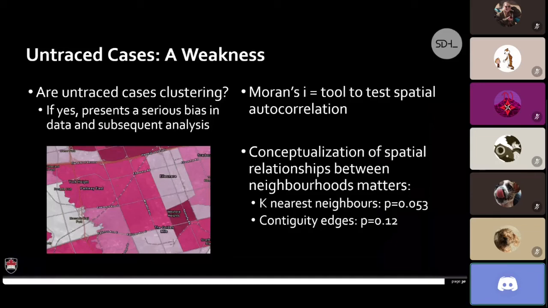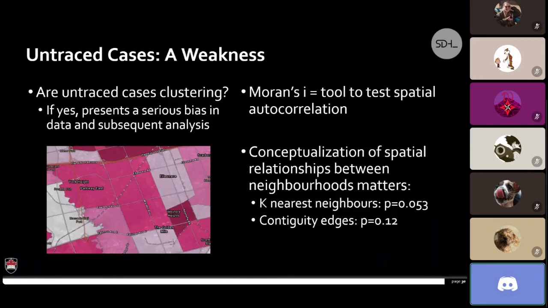And one of the things that I wanted to raise is that the conceptualization of the spatial relationships that you're using between these communities matters. In this case, if you conceptualize your relationships between communities as looking at the nearest neighbors of those communities, I'm getting much more evidence that's seemingly being presented for autocorrelation.